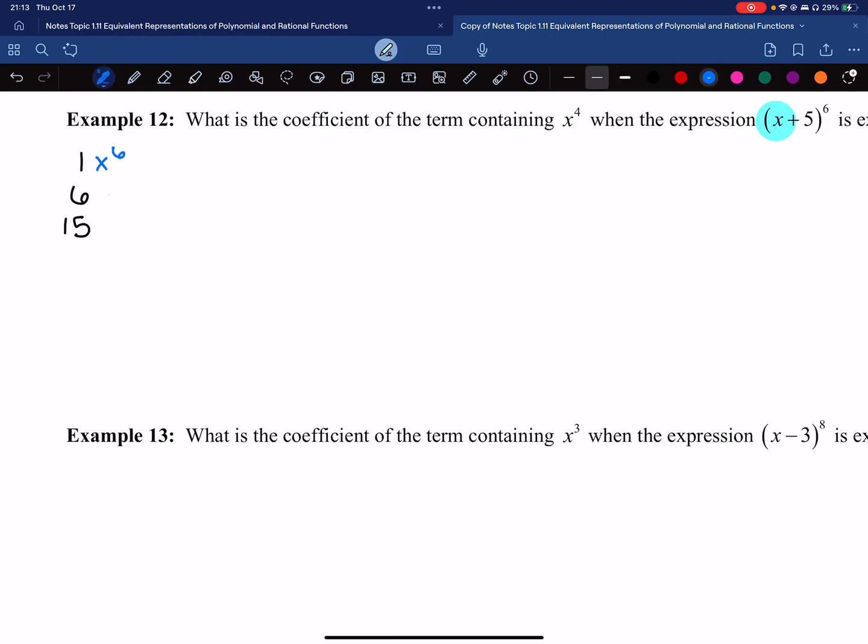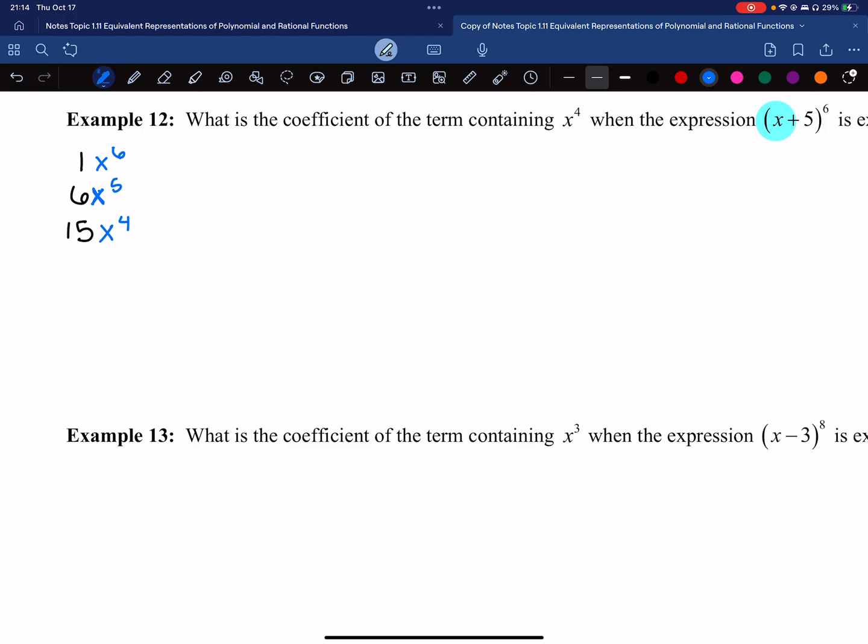So x to the 6th, x to the 5th, and x to the 4th. So this is the term that we're focusing on. Okay, so we're only focusing on that x to the 4th term because that's what it asked for.